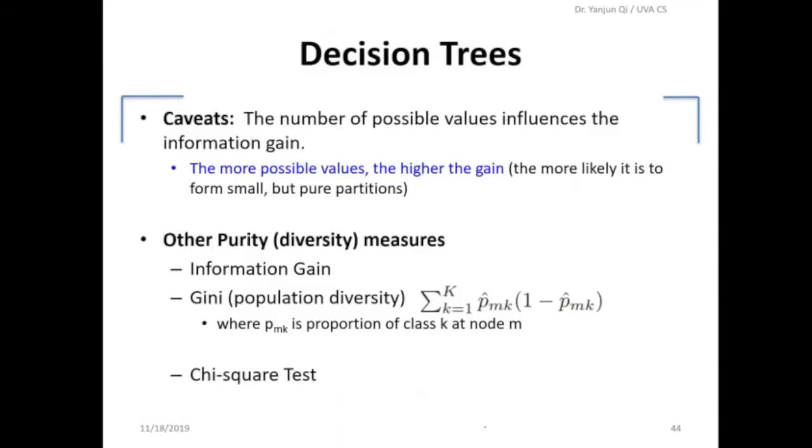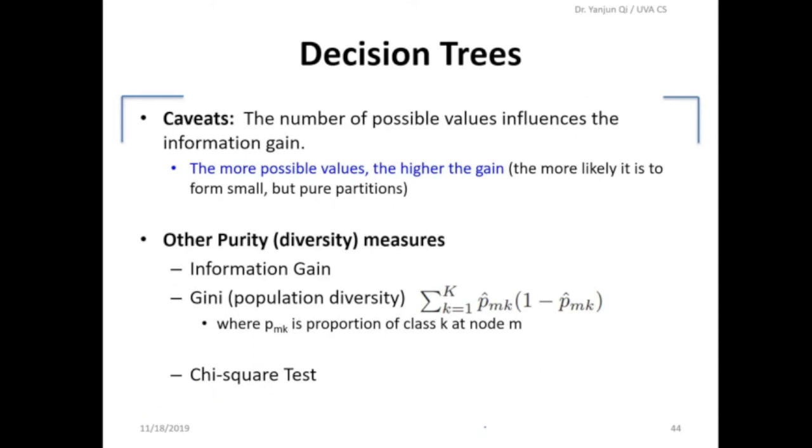All right. Okay, so what's the caveat of decision trees? The number of possible values influences the information gain, which is exactly what we covered.